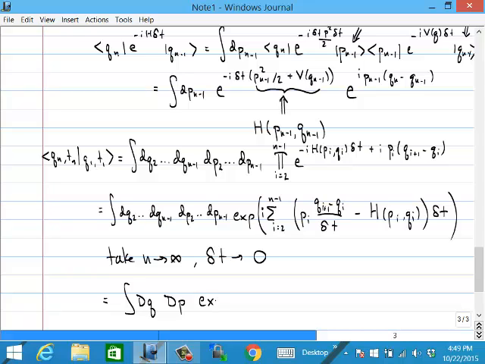And what is the thing that you're integrating? Well, you get a factor of i. And q_{i+1} minus q_i over delta t, that's just a fancy name for q dot. And the sum over i becomes an integral dt. So you have an integral dt of p times q dot minus h of p and q.